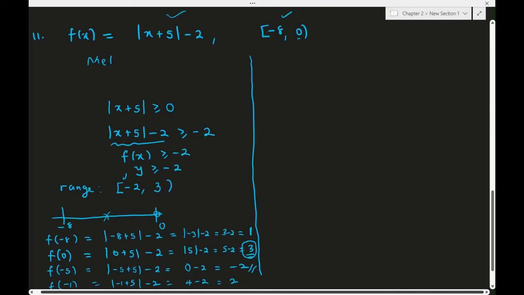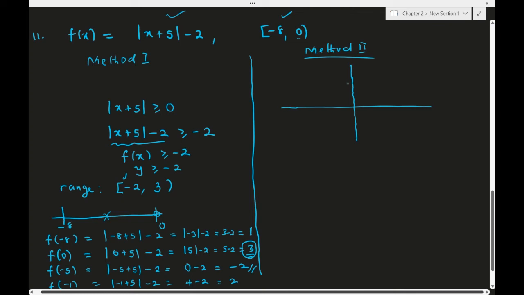So this is my method 1, and this is method 2, right? Method number 2 is to graph this function. We can start with what we know.